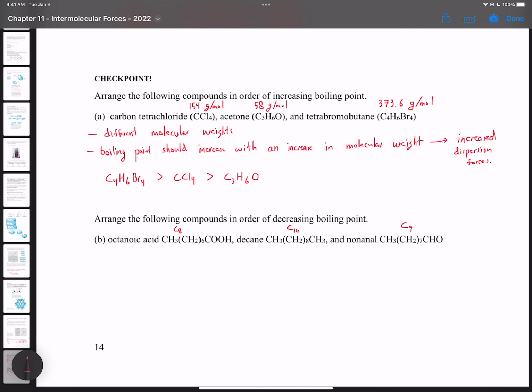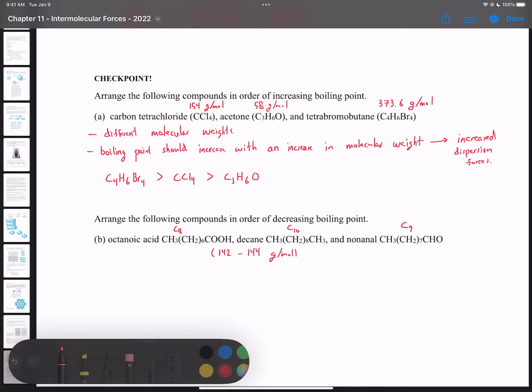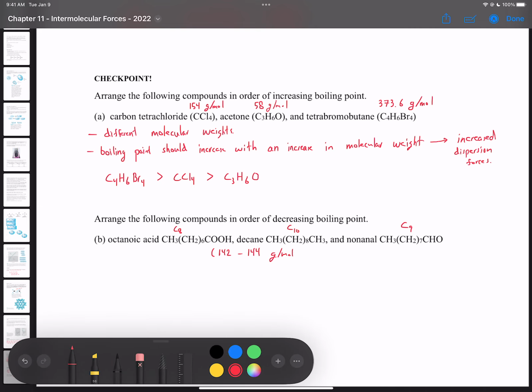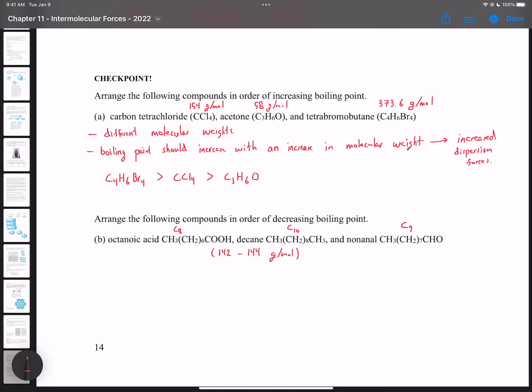So they have very similar molecular weights, between 142 to 144 grams per mole. So in this case, now we have to determine each of the compounds' intermolecular forces to determine which one has the higher boiling point.